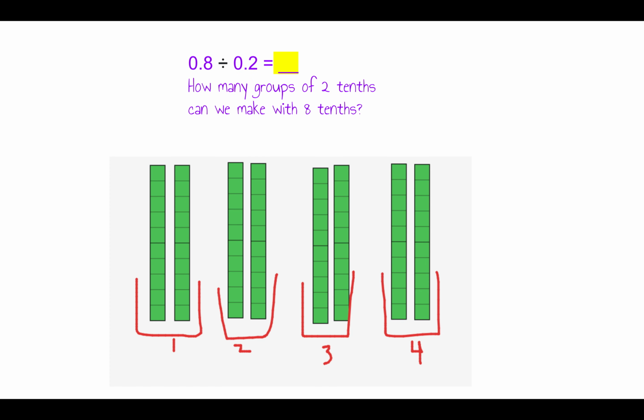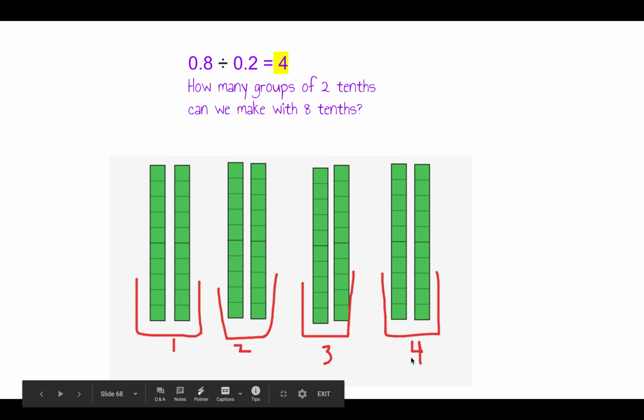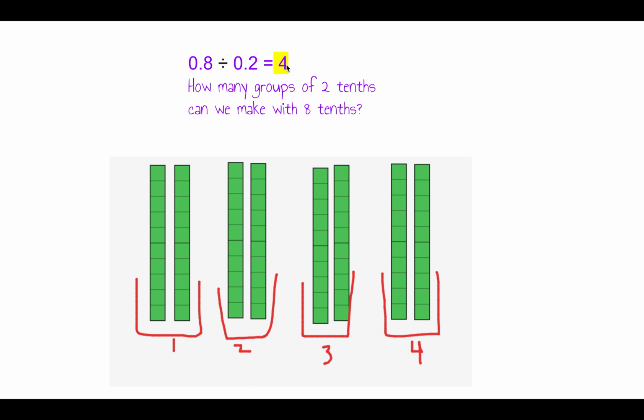Let's find out. So we have 8/10 divided into groups of 2/10. So you can see that I have groups of 2/10 each. I have 4 groups. My answer is 4. That's bigger than 8/10.